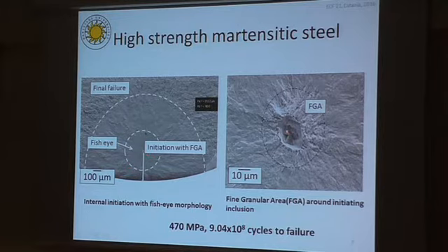Around the non-metallic crack initiating inclusion, one can see the formation of a rough area which resembles the fine granular area. Outside of the fine granular area, but within the fisheye, the fracture surface morphology is much smoother, but outside of the fisheye, the fracture surface morphology becomes rougher before the final failure takes place. It was easier to detect the fatigue striations within this region than within the fisheye.